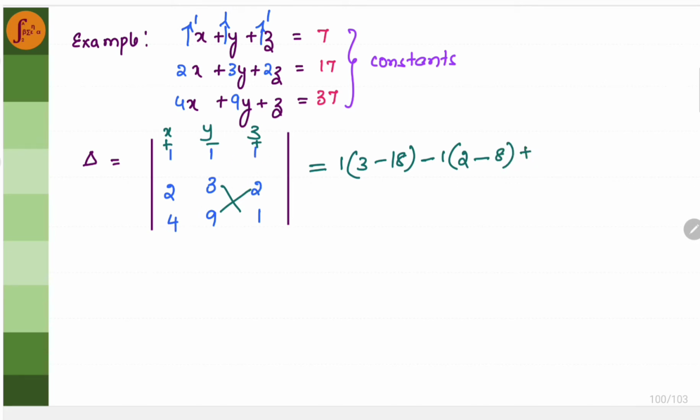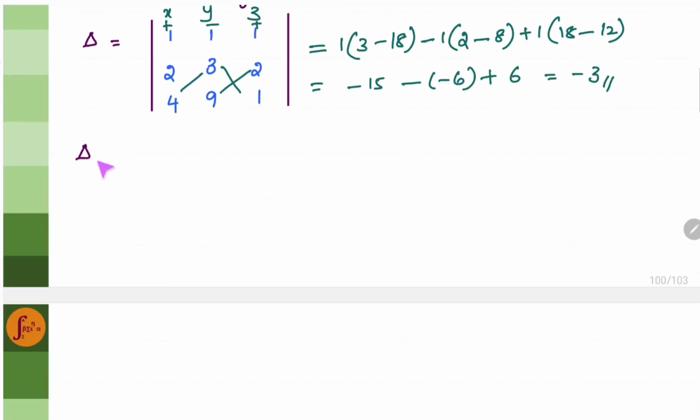Then plus 1 into 2 9s are 18 minus 4 3s are 12. So we'll get minus 15 minus of minus 6 plus 6. So we'll get 12 minus 15, which is minus 3. So this is the determinant value.